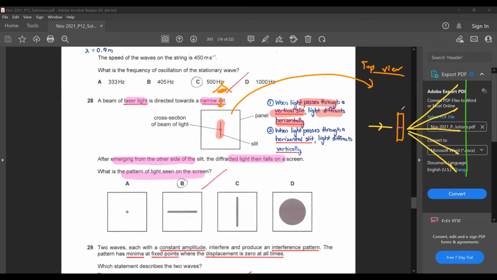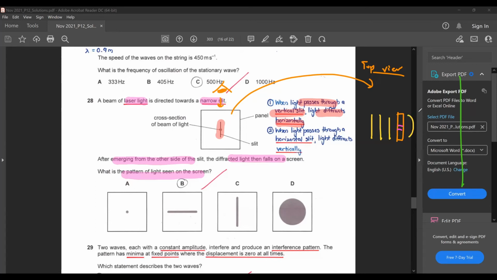Oh, this one was double slit, right? If this was a double slit, this is what you're going to see. Maybe I better not do it like that because it will make some things a bit confusing. Maybe I just do it like this. This is your vertical slit. This is your wave coming in. And then this one is, say, your screen.